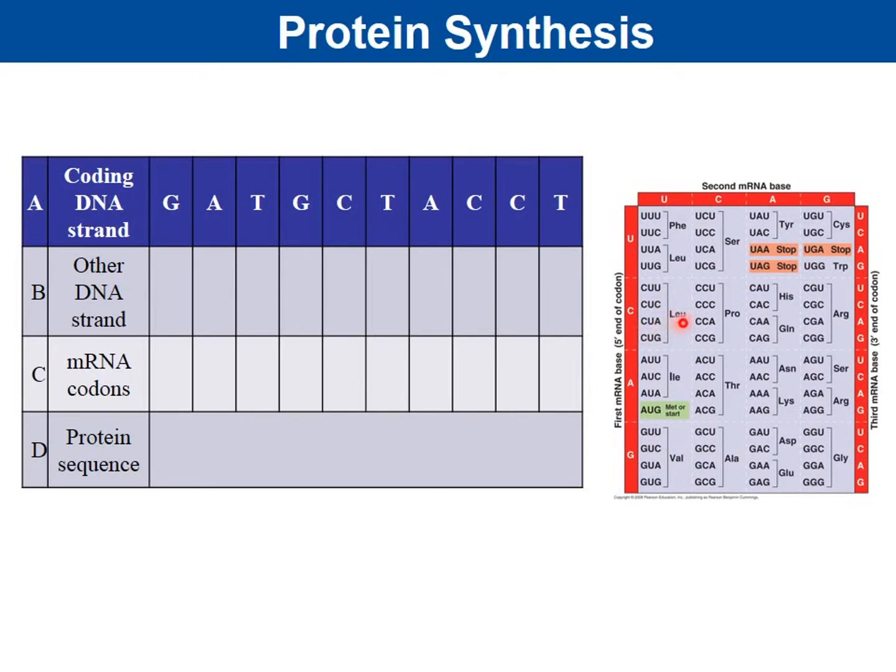C, U, A is going to give us leucine. So it's going to be methionine, leucine, and then C, C, U. C, C, U is going to be proline. And so we're going to have methionine, leucine, proline as our protein sequence.